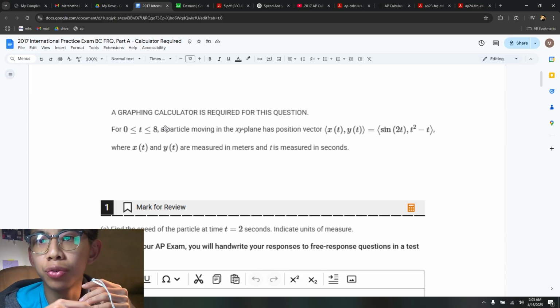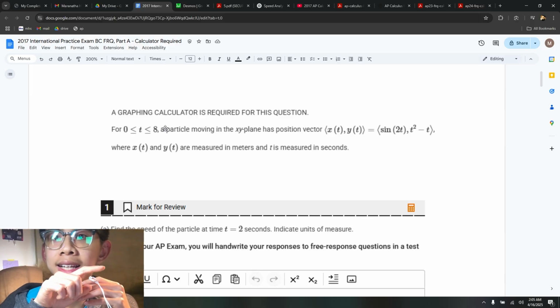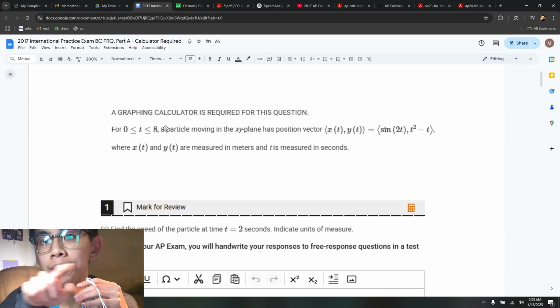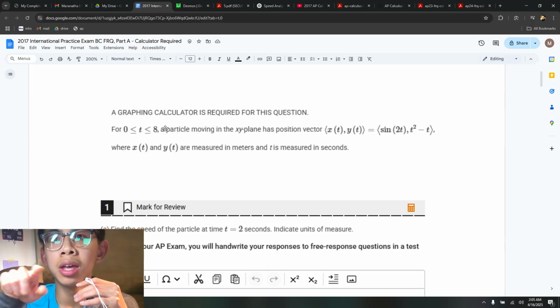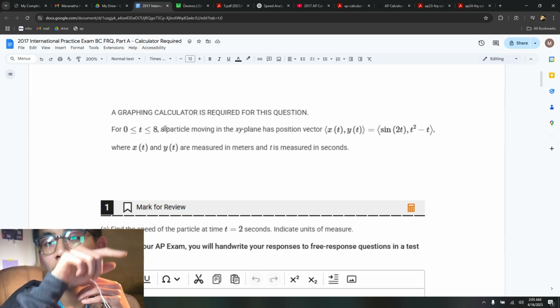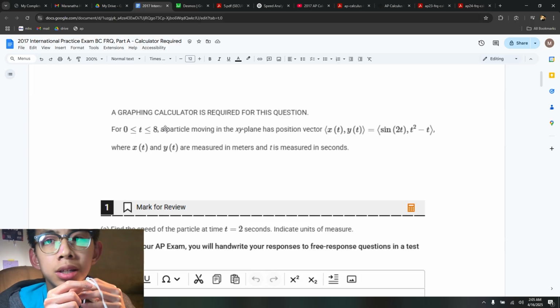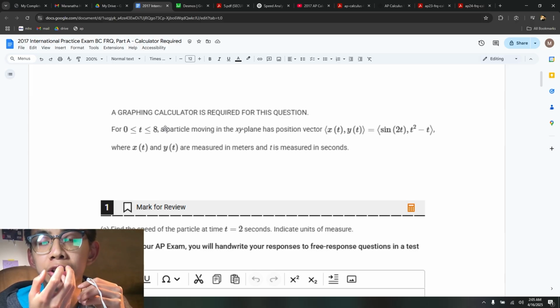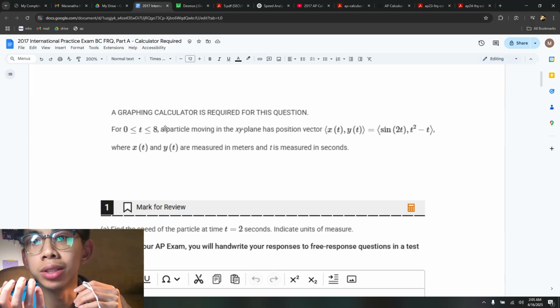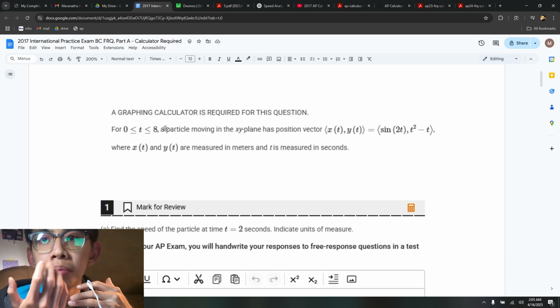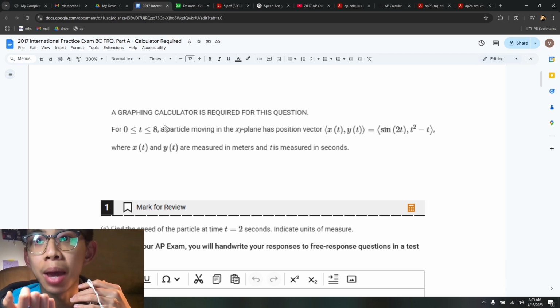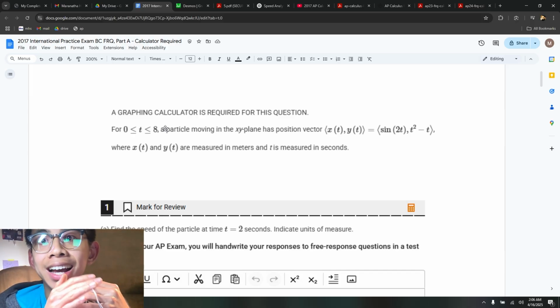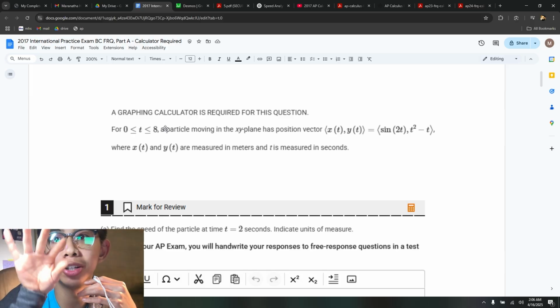It's often used for referencing time. So the position as x changes depends on time. The position of y changes depends on time as well. So they're basically deconstructing a y equals x equation to depend on time. That's why you have an x function and a y function.